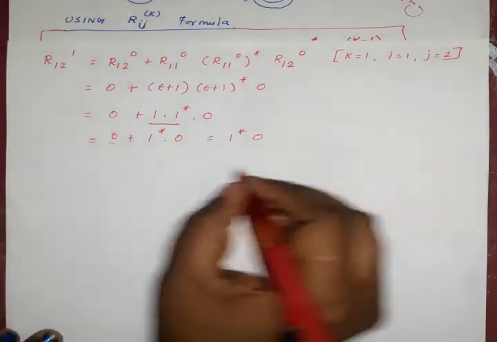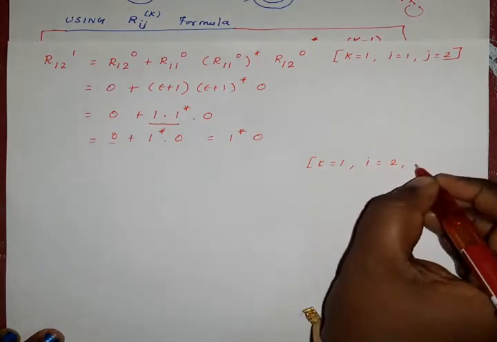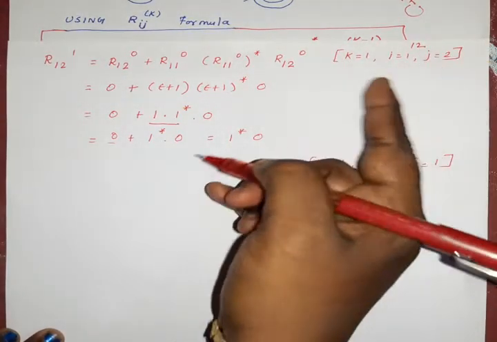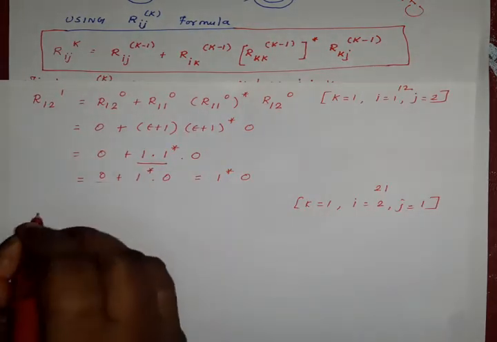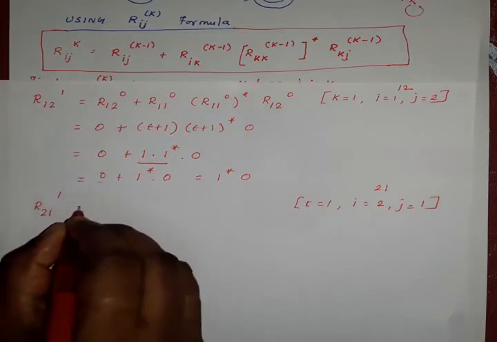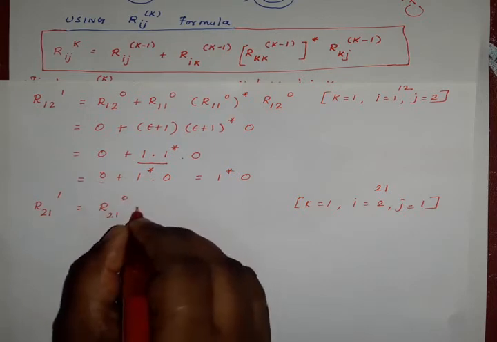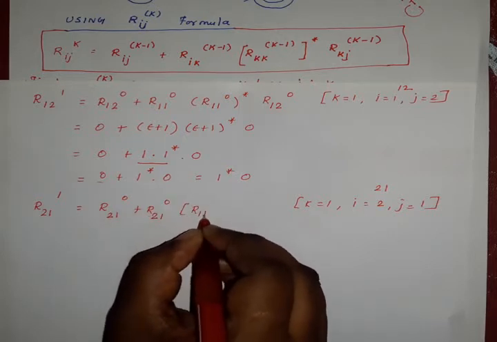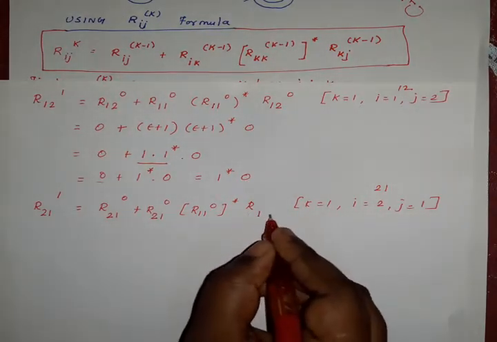Next we have k value is 1, i value is 2 and j value is 1, because the combination here is 2 1, here 1 2, and 1 1 is already completed. So applying the Rijk formula, i value is 2, j value is 1, so R21 power 1 is equal to R21 power 0 plus R21 power 0 and R11 power 0 the whole star. k value is 1 and j value is 1, so the power is 0.